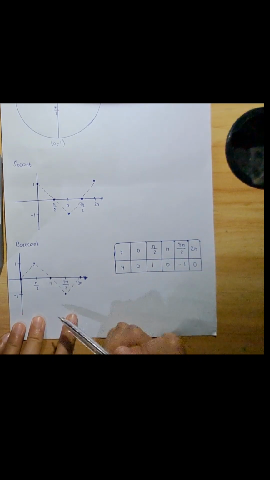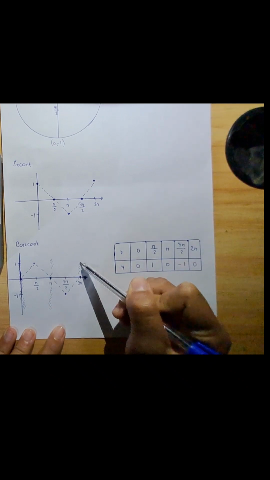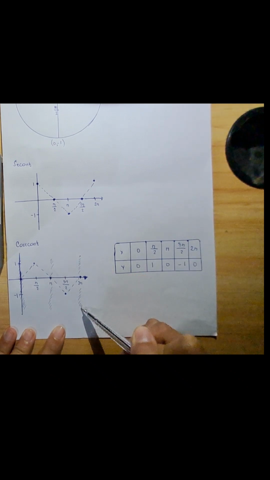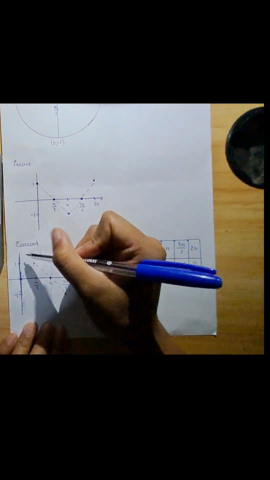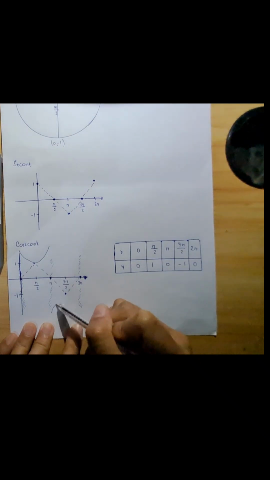We just put a vertical asymptote for those undefined, and of course it bends over here, and also here. So this is the graphing of the sine, cosine, tangent, cotangent, secant, and cosecant.